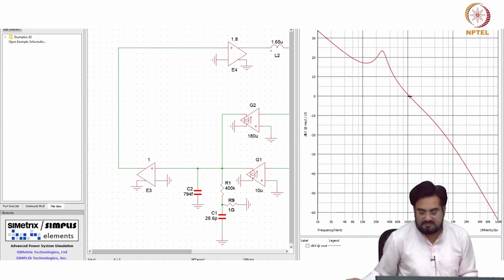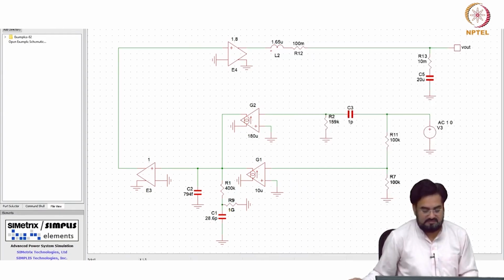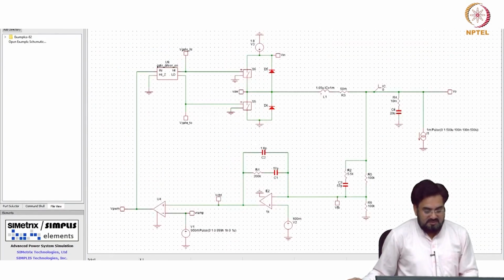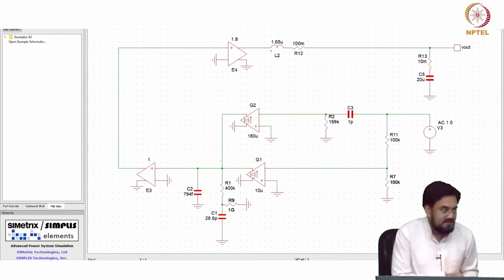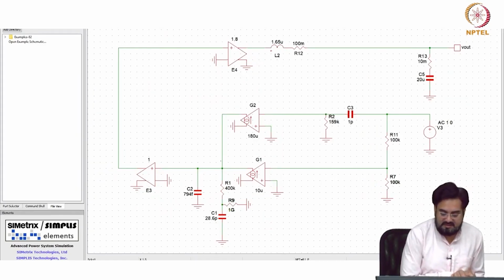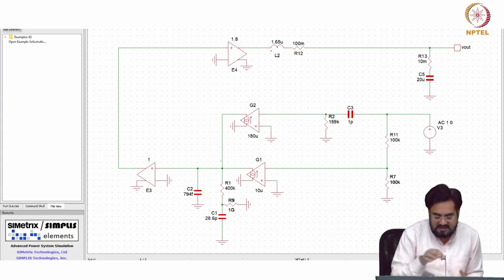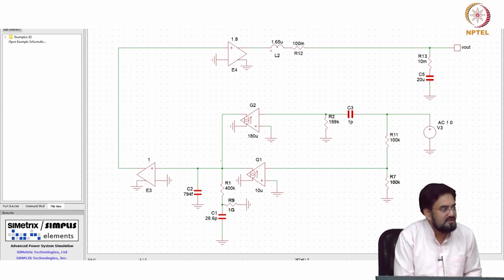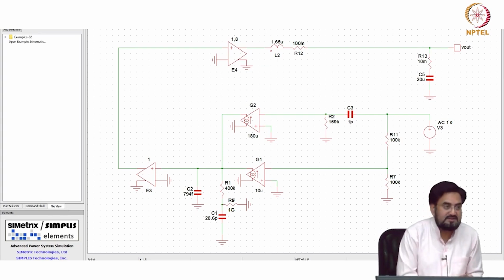There is a trade off between offset and your cap values, but if you use offset cancellation and those techniques in the GM, you can still use a lower GM. The advantage here is that you can design everything with lower power consumption.